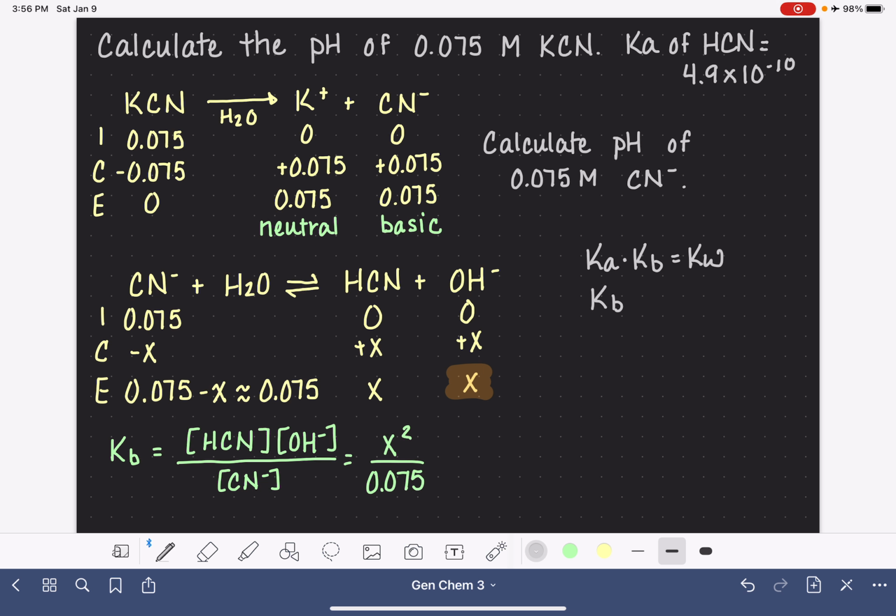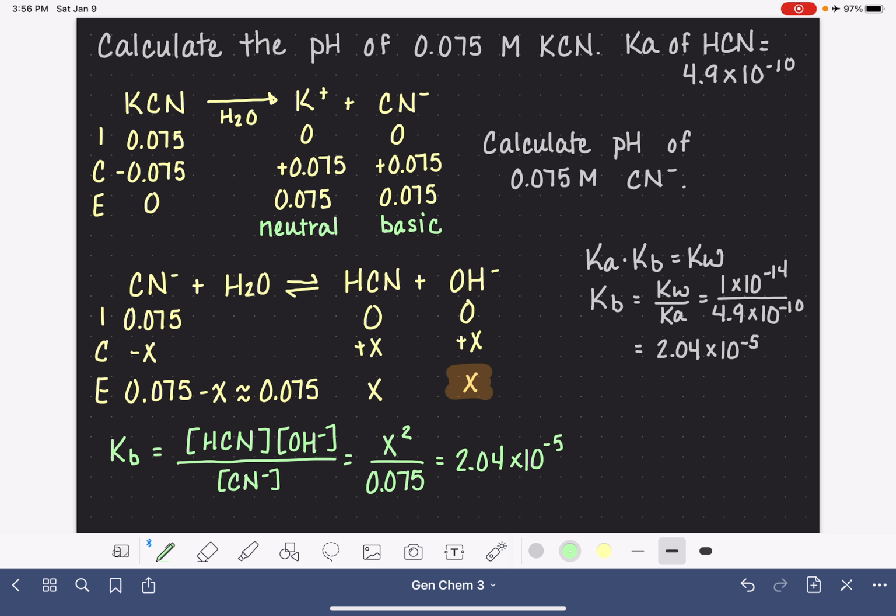That means the Kb, which is what we need to know, is the Kw divided by the Ka. Kw is 1 times 10 to the minus 14, and the Ka for this problem is 4.9 times 10 to the minus 10. So the Kb that we're looking for here is going to be 2.04 times 10 to the minus 5. And we can take that down and plug that in.